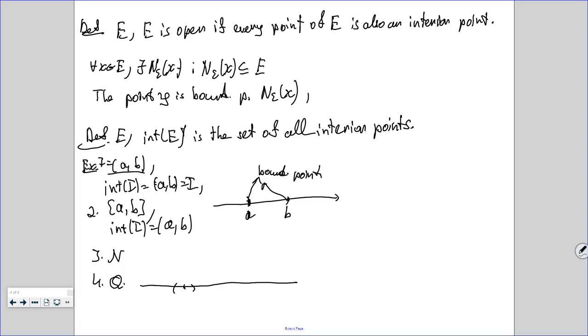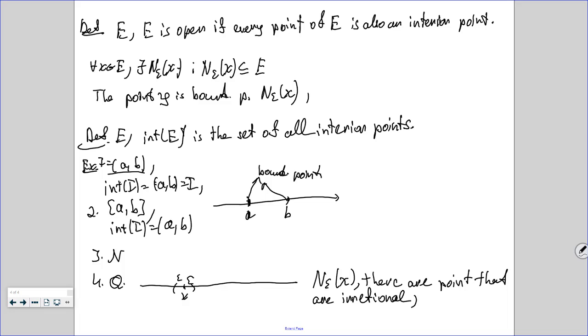It means whatever epsilon we take, in this neighborhood of epsilon, there are points that are irrational. It means there are points that do not belong to Q. Therefore, Q is not open.